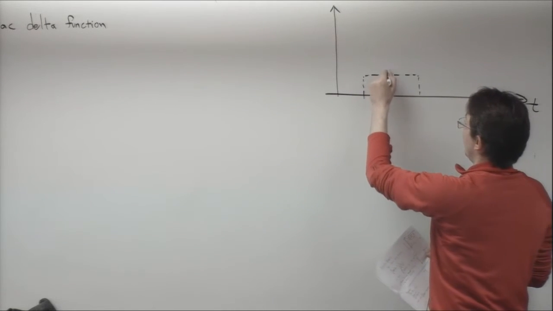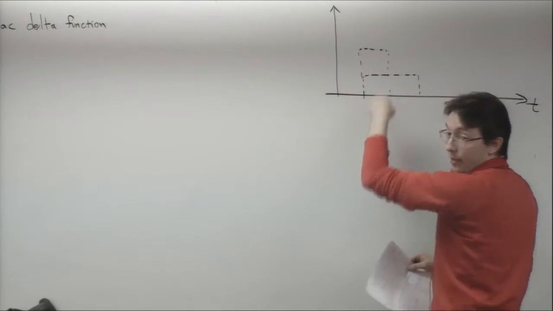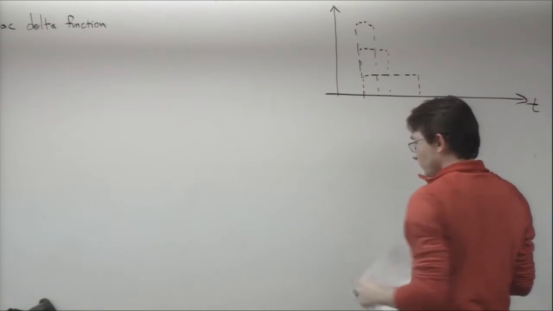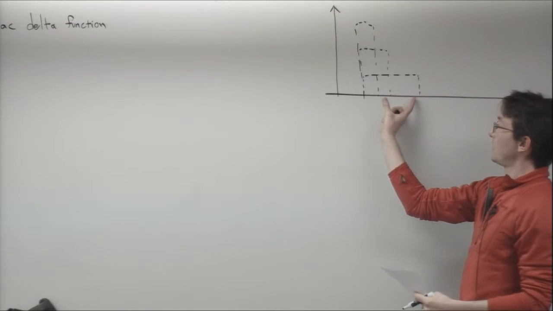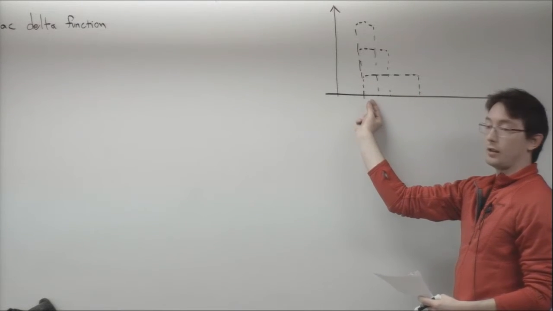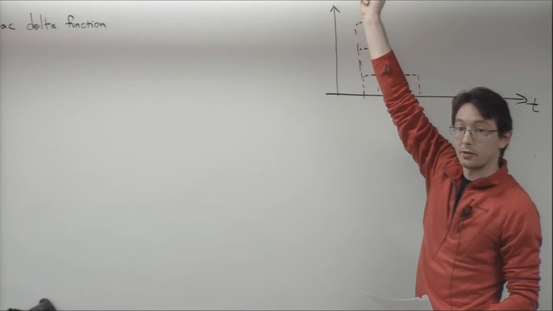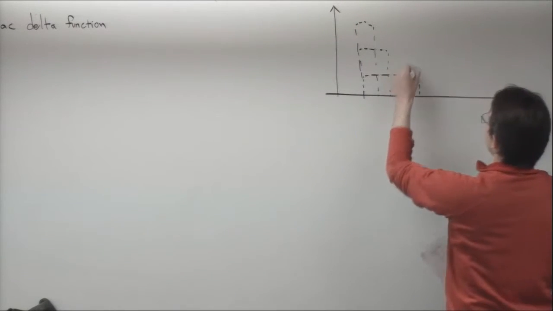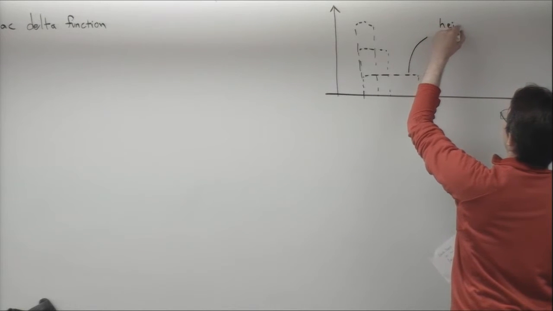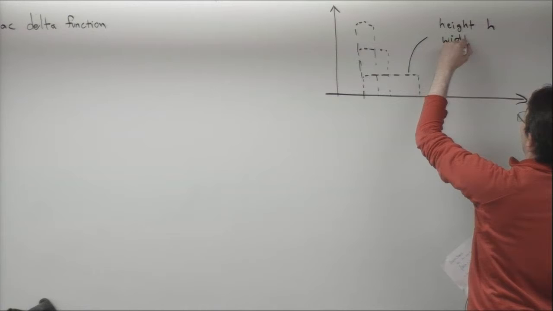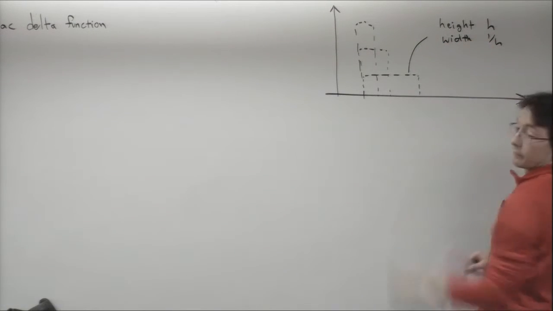And if I make that time smaller and smaller, and I double the amount of energy imparted, and I make it smaller and smaller still, the limit, as I make these rectangles infinitely thinner and infinitely taller, is a delta function. So think of this rectangle as having height h and width 1 over h.